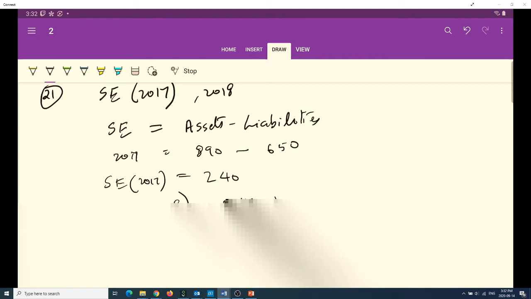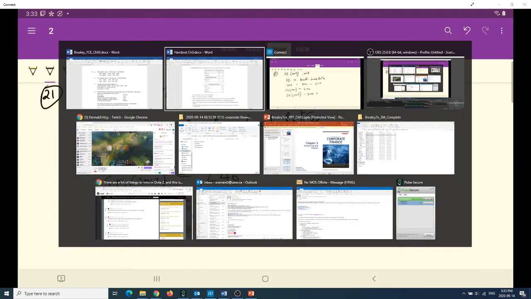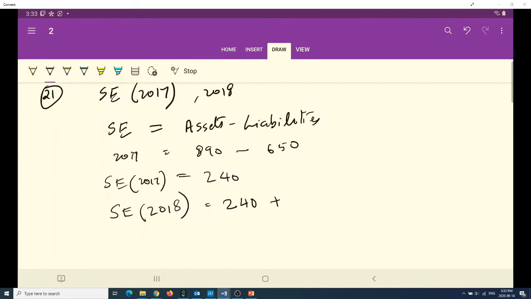So what's the net income for 2018? Or is there a more direct way? Is the balance sheet given for 2018? Oh, the balance sheet is actually given for 2018, so you don't need to go down this way.